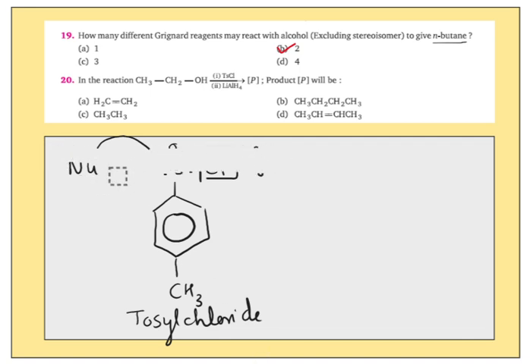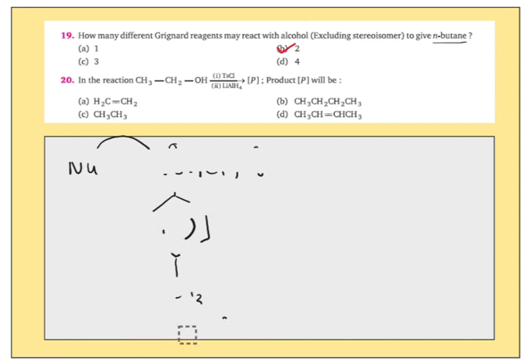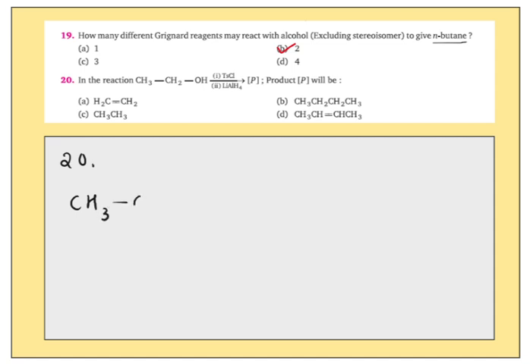Alright, so let's rewrite the reaction. Without writing the reaction, you can't predict the product in these cases. Therefore, always make a habit of writing the reactions. Now let's take the reactant. It's an ethanol molecule. It's first reacting with tosyl chloride.